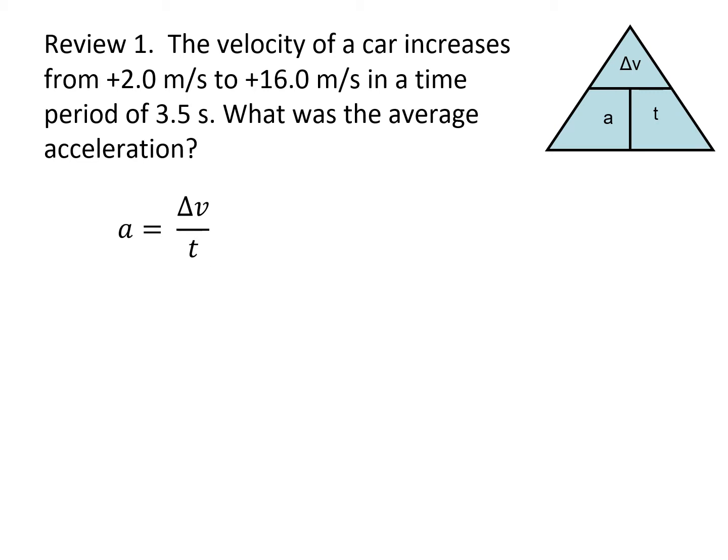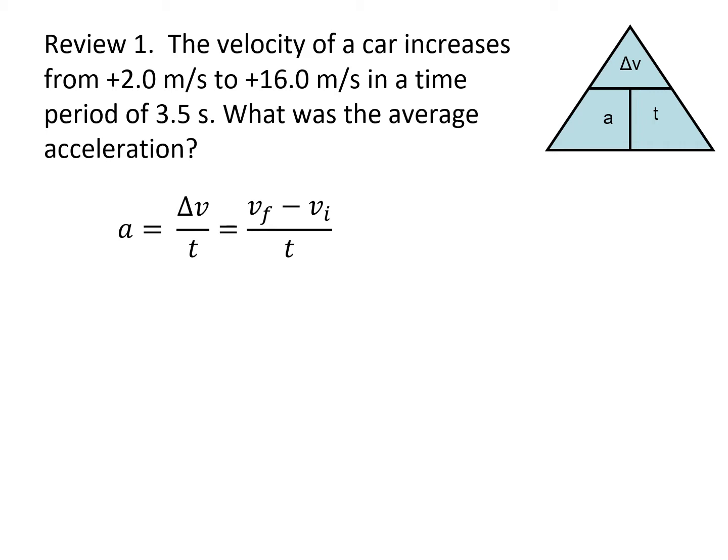Well, acceleration is a change in velocity over time. Now you have to recognize that delta means that you actually have to do a little math to get the numerator. So a better way to write that formula would be to spread it out like this, where VF means final velocity and VI means initial or starting velocity. This is something that sometimes students have a little bit of trouble with because they always want to put the biggest number in the VF spot.